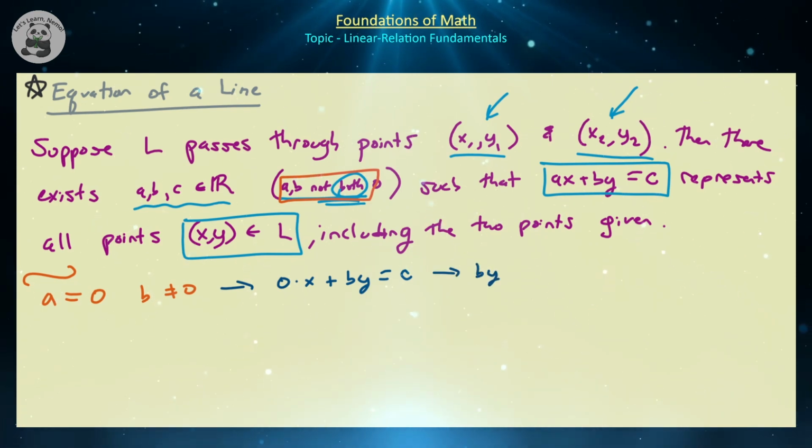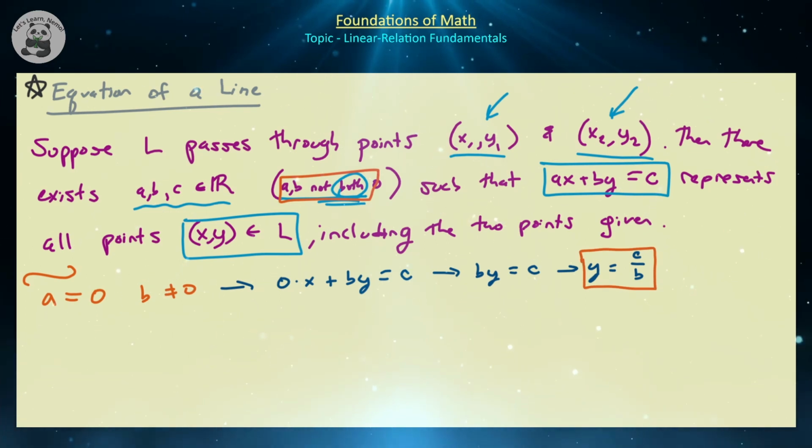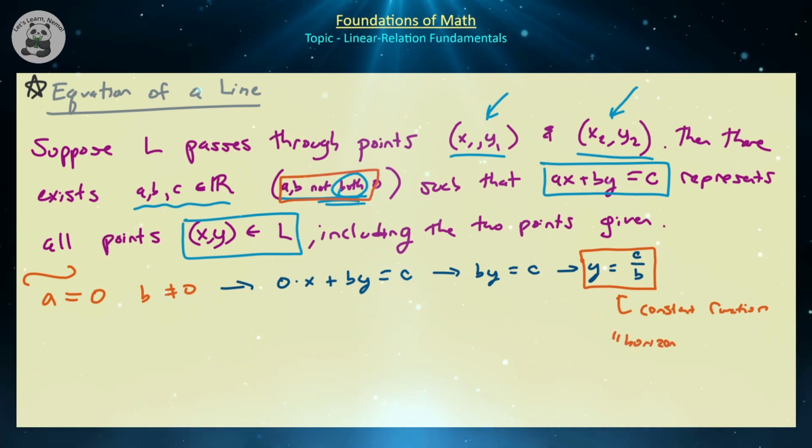So we're going to have by is equal to c. Keep in mind b and c are both numbers, but y is a variable. So we're going to have y is equal to c divided by b, where c and b are both real numbers with b not being equal to 0. Therefore, this should look very familiar. This is our constant function, which is sometimes viewed as a horizontal line.